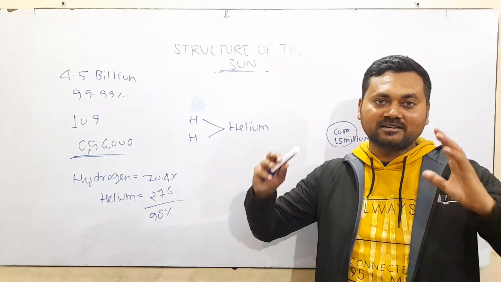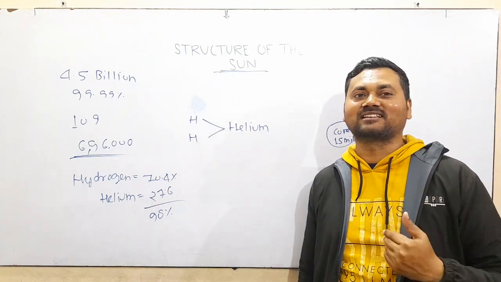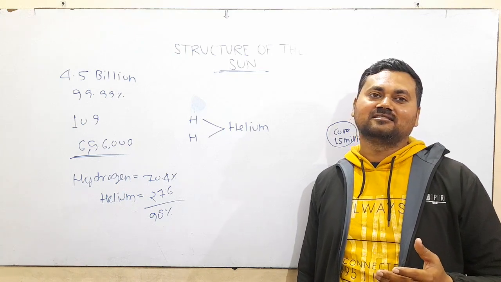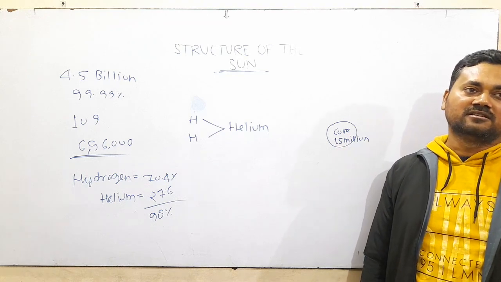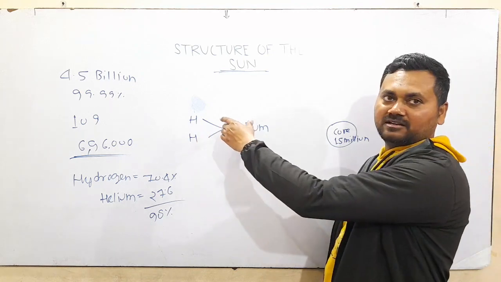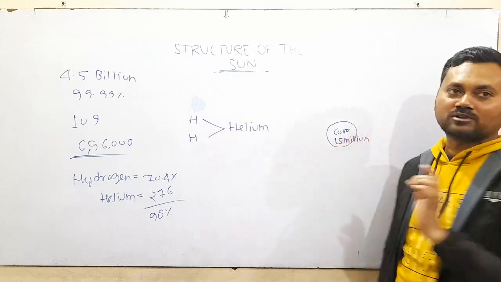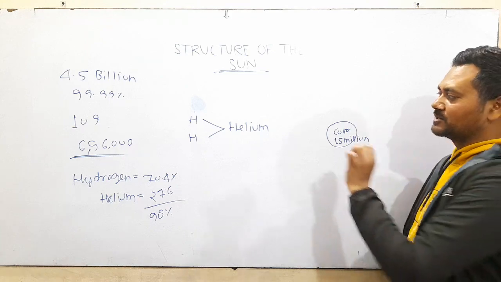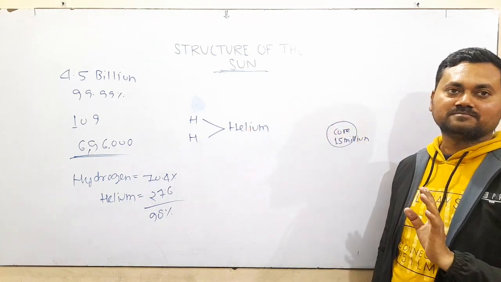So you can understand what the temperatures are here. At 100 degrees Celsius water starts boiling, and this is 15 million centigrade. The nuclear fusion reaction takes place in the core of the Sun, where helium is formed from hydrogen.